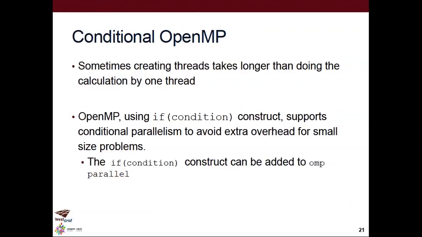So you can say, okay, make this part parallel if there is some condition. For example, if n is bigger than 10 or 10,000 or whatever that might be, do this parallel section. Otherwise, it will run using one thread. So you can have an idea of whether making more threads makes sense, and you can go for that. Otherwise, you can just run with one thread.